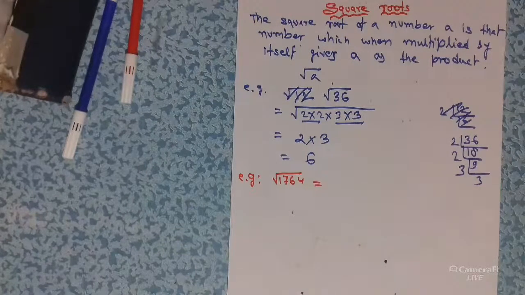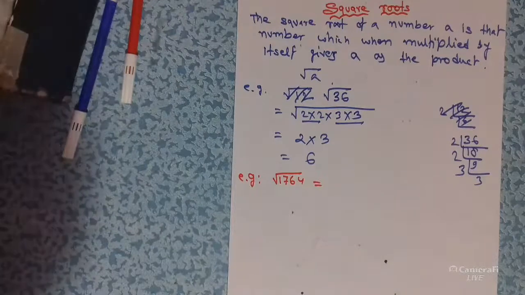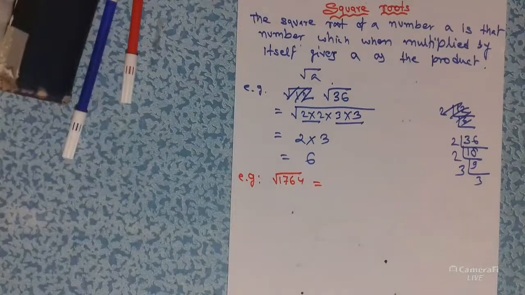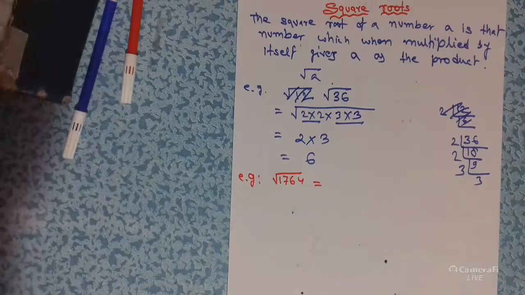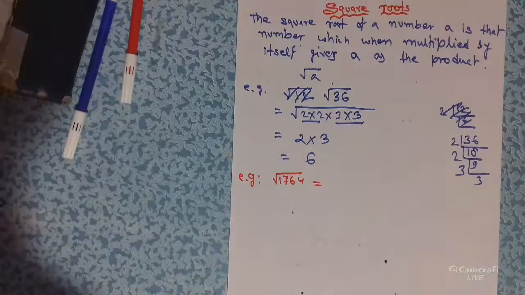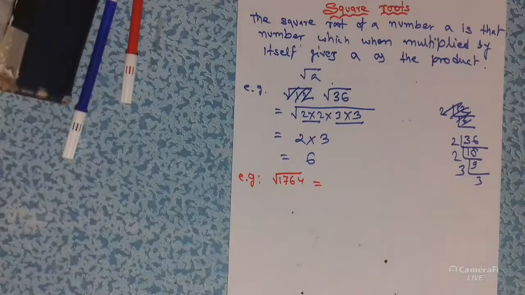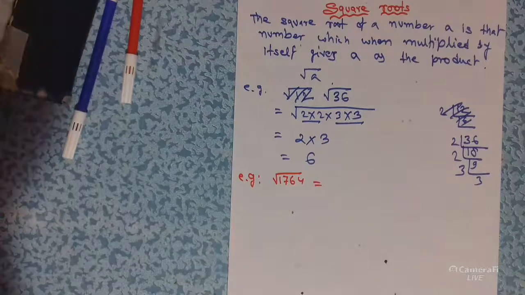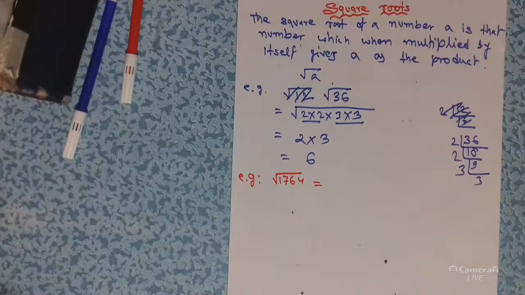And also you must write the factors with your answer, okay, so that I can check that you calculated it. So you must write the factors with your answer. So solve it and send me the answer, students.